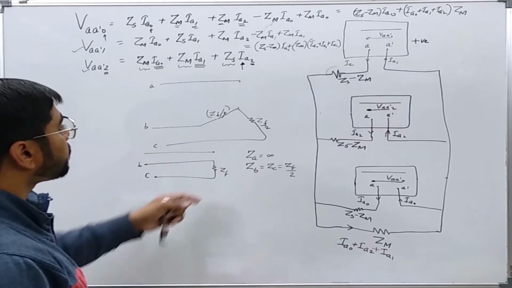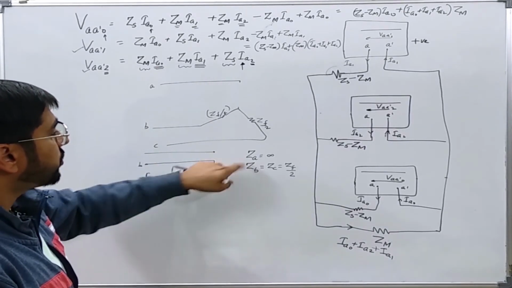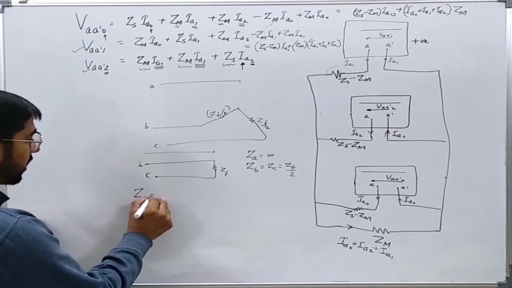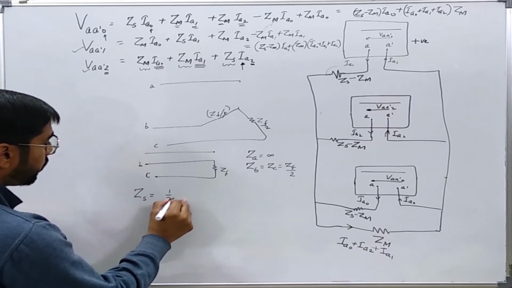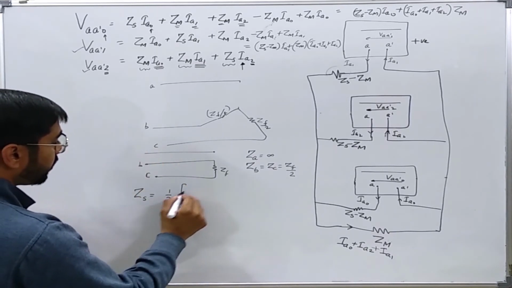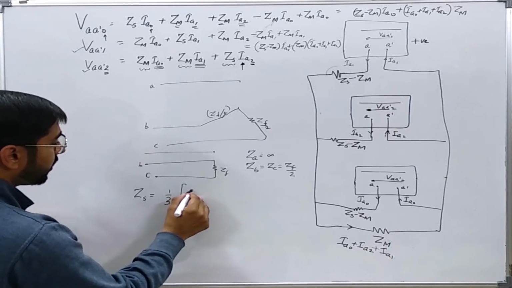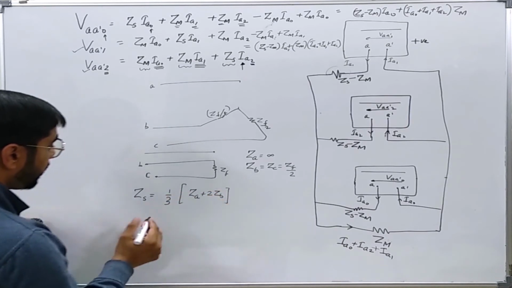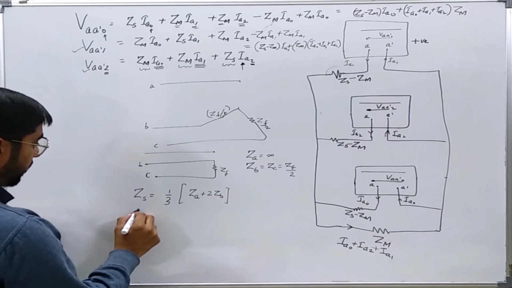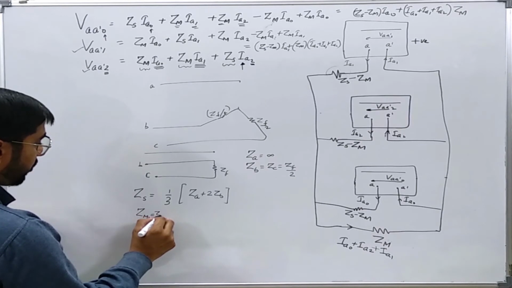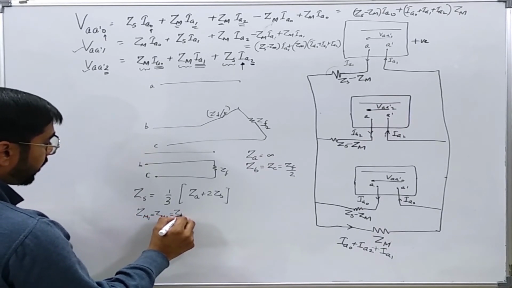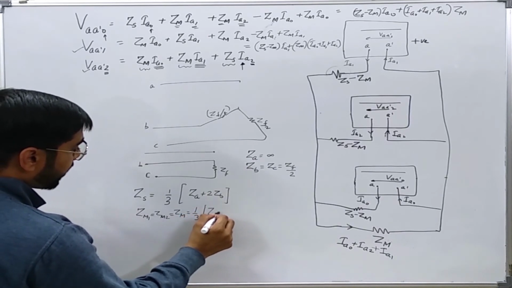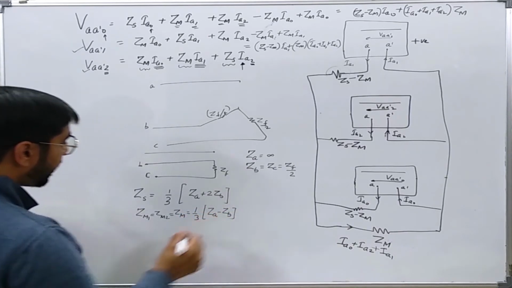Okay, now if I put these values in ZS and ZM values, what will I get? ZS is equal to 1 by 3 ZA plus 2 ZB. ZM1 is equal to ZM2 is equal to ZM is equal to 1 by 3 ZA minus ZB.